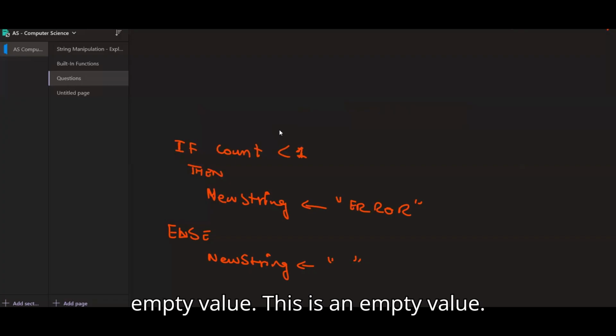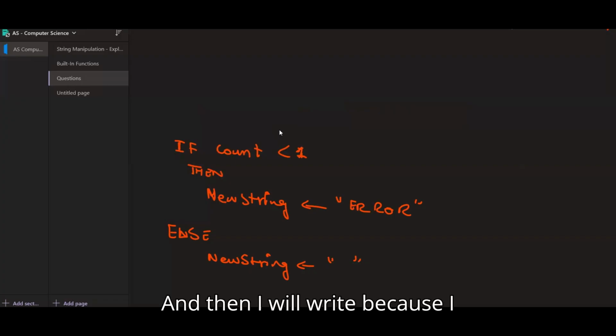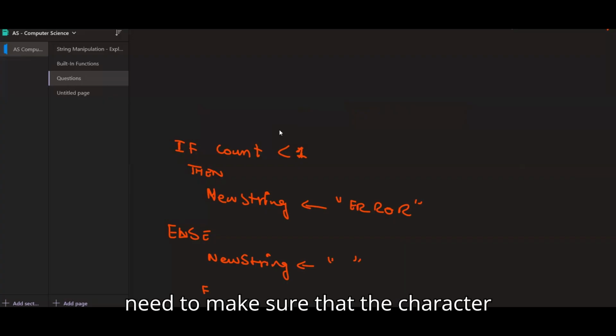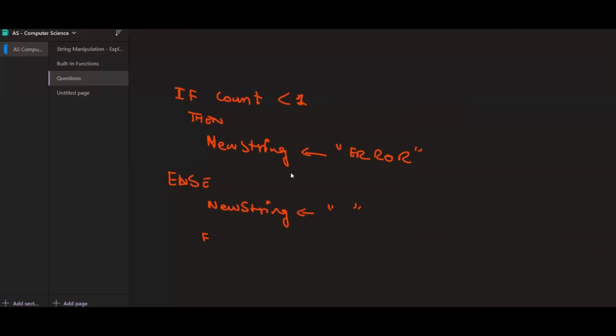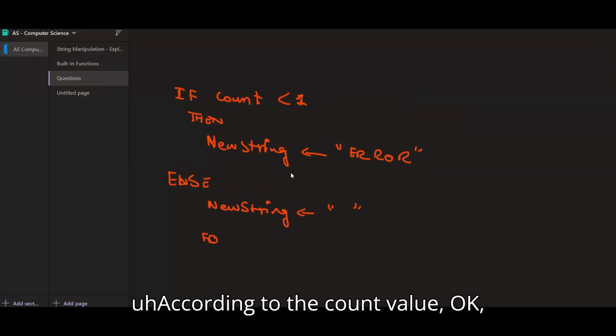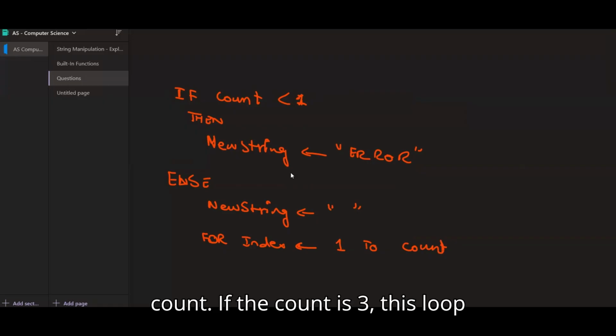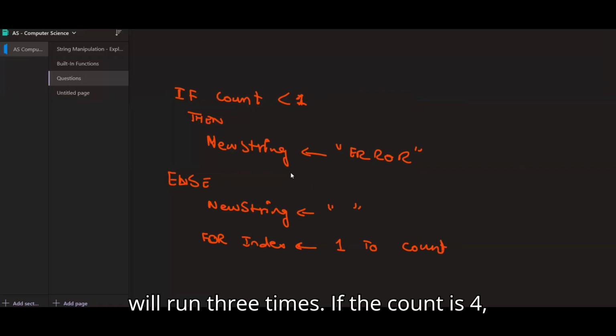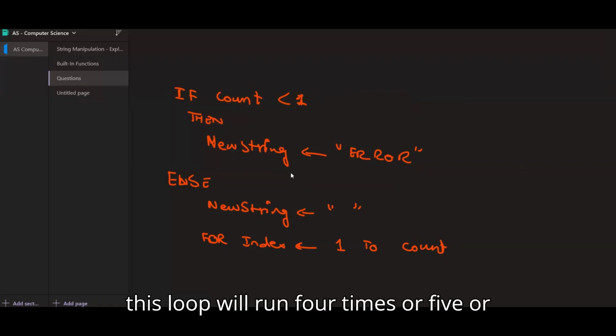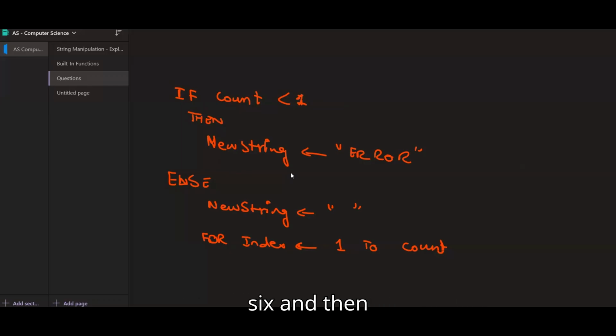This is an empty value. And then I need to make sure that the character occurs the number of times according to the count value. Okay. So for index 1 to count. So if the count is 3, this loop will run 3 times. If the count is 4, this loop will run 4 times, or 5 or 6.